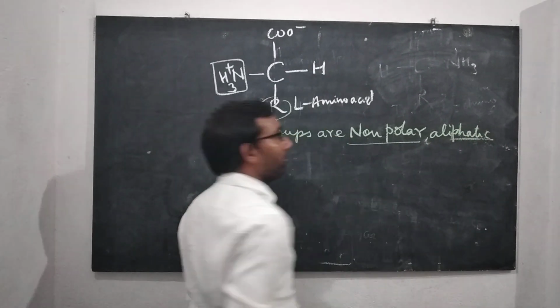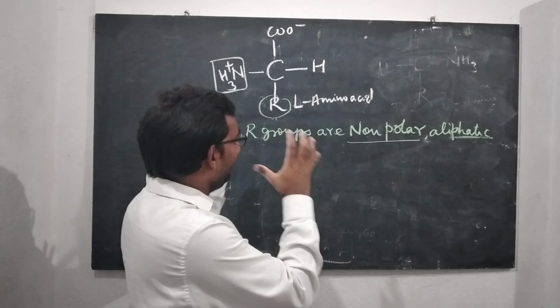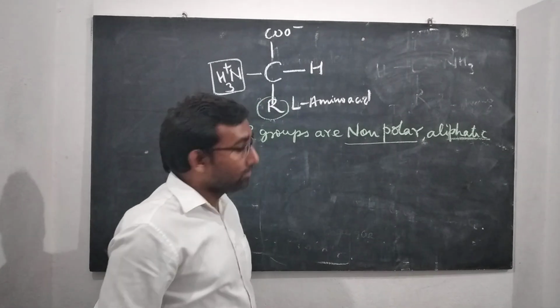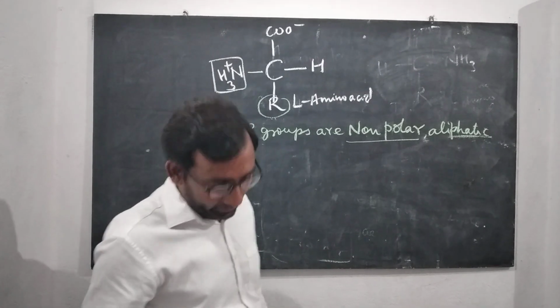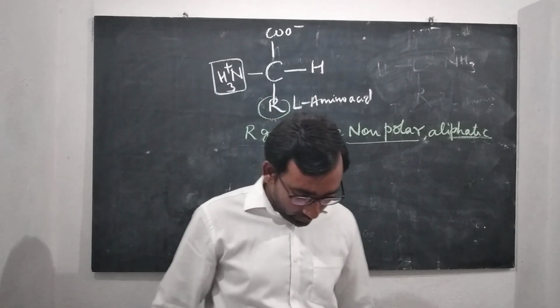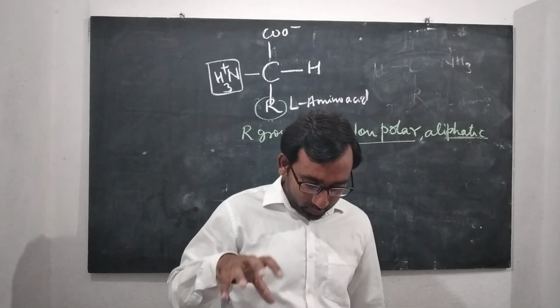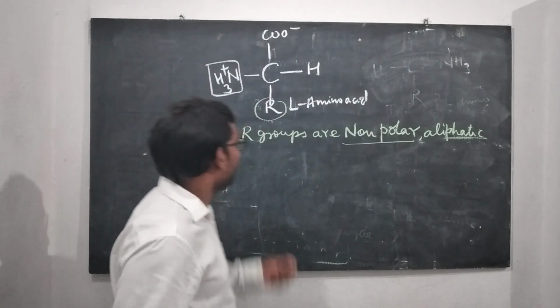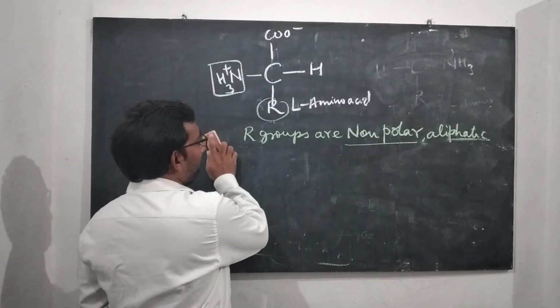This means the R group is generally hydrophobic in nature. So what are the amino acids whose R groups are non-polar and aliphatic?